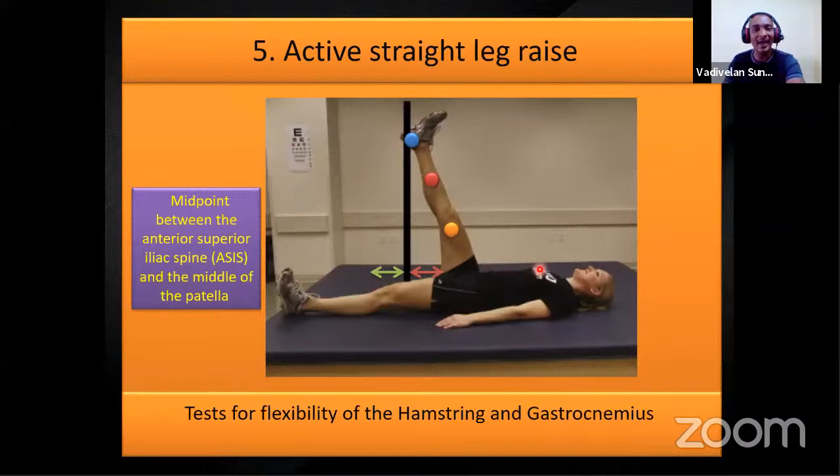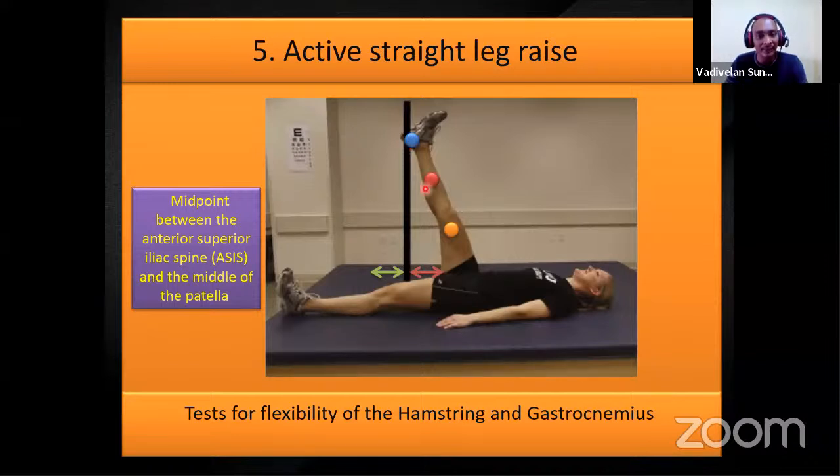And the fifth test is the active straight leg raise. Here, the measurement is taken from your ASIS to your patella, and the dowel is placed at the midpoint between the ASIS and the patella. Ask the athlete to raise the leg, a straight leg raise. If the athlete crosses the dowel, the stick, we can give 3 points.